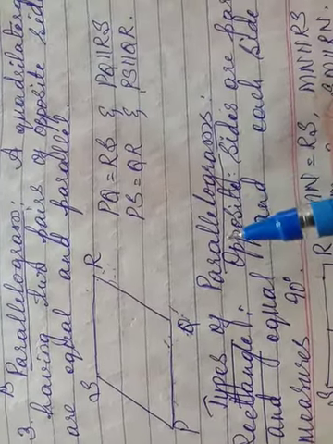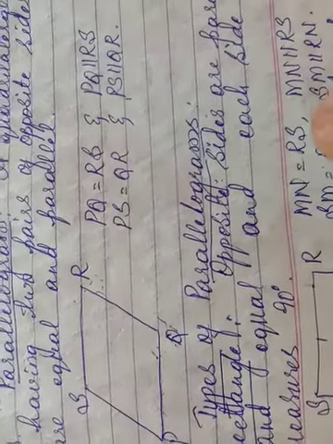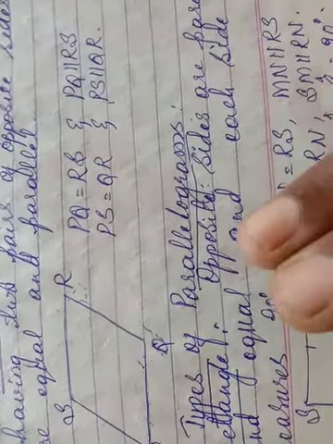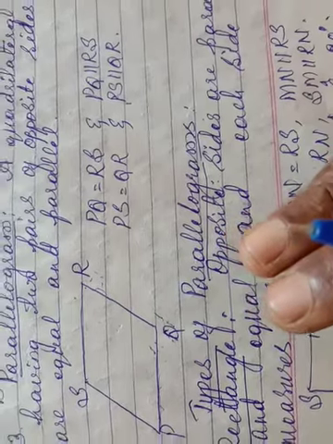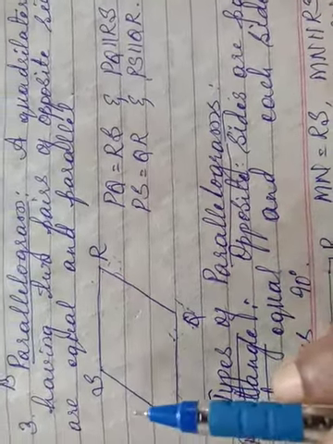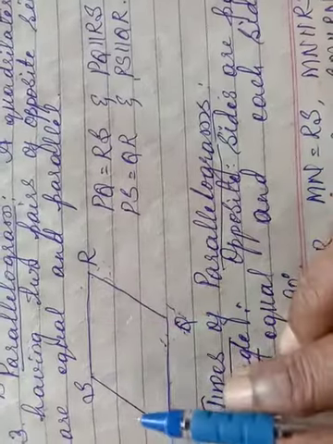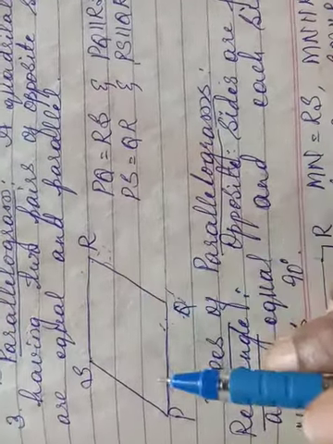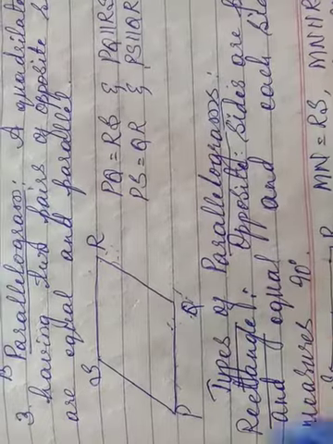Parallelogram means opposite sides are equal and parallel. It is a quadrilateral which has two pairs of parallel sides and two pairs of equal sides.